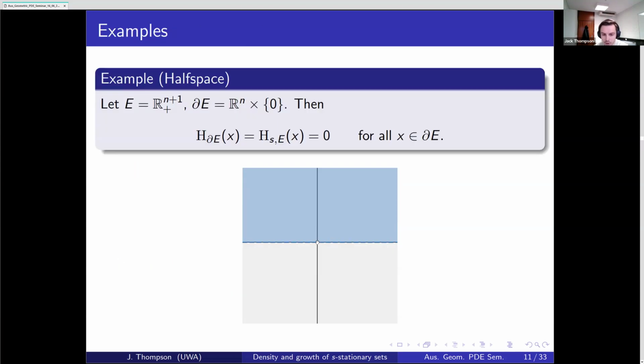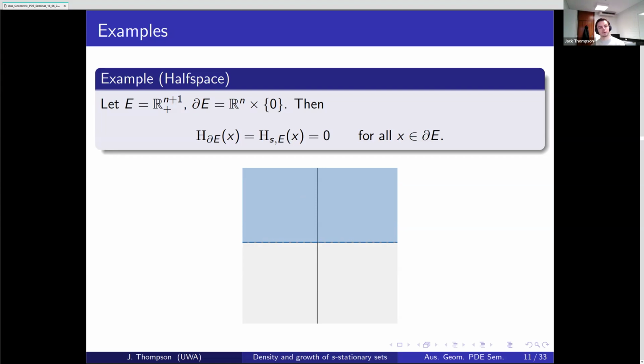If I'm looking at a point on the boundary, say 0, and I'm thinking about the mass of E versus the mass of its complement with respect to this kernel, you can see by symmetry that it's going to be the same. So these are weighted the same, we see the same amount, and this is why the integral comes out to be 0.